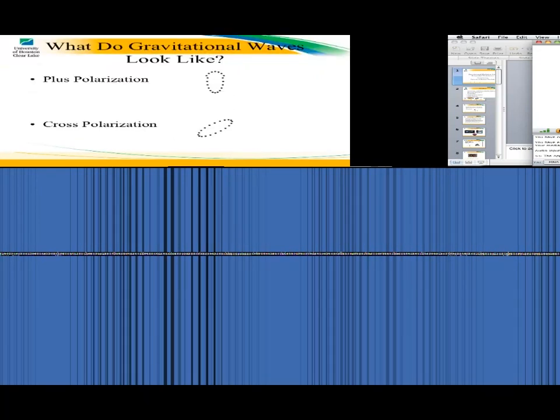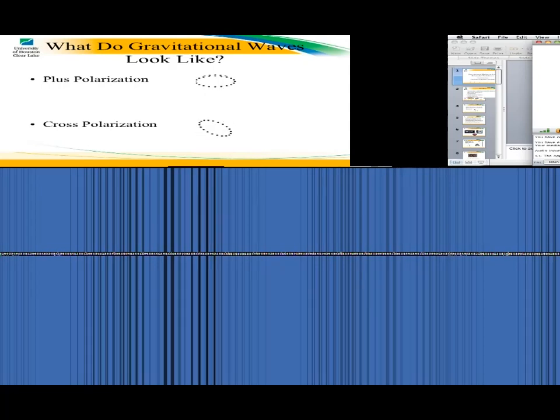So this is the way the gravitational waves look. They can have two different polarizations. If you imagine a round ring of particles, when a gravitational wave passes by, it can cause it to go in this plus polarization, where it looks like a plus, or a cross polarization.